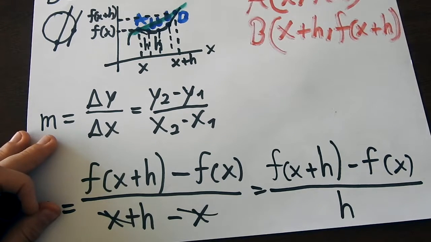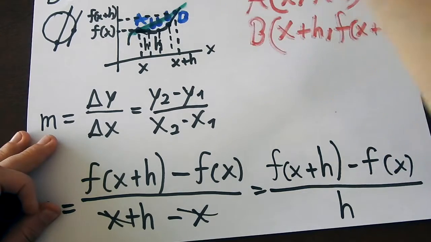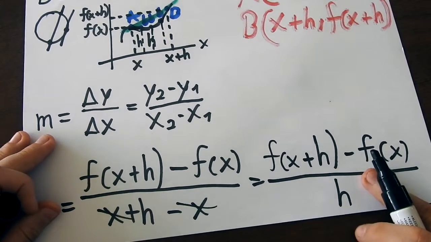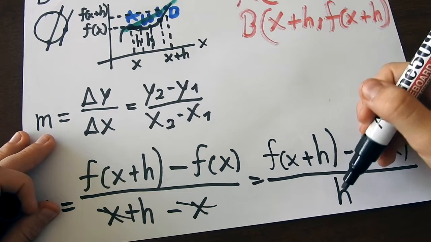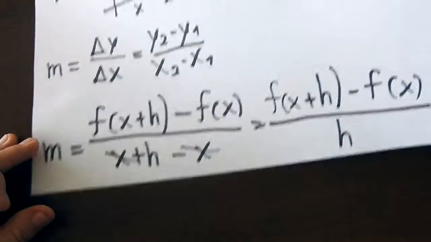This means that to find the slope of the tangent, of the line that touches one single point, using this simplified formula over here, we would need to specify that H is tending to 0, and this can be done through limits. What would be the way we write the slope formula to indicate that H is tending to 0?